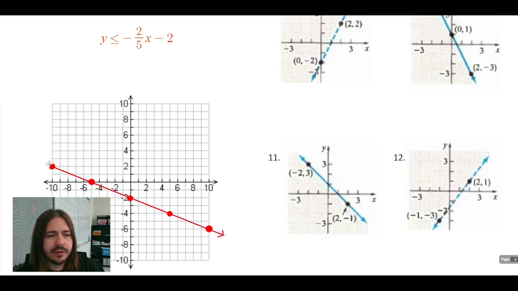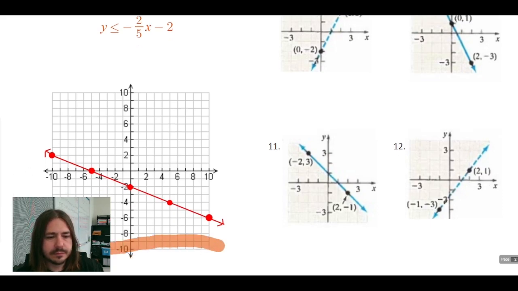So this one says that y is less than or equal to this expression. So we are going to shade down. All the points in this region and those on the line are solutions to the inequality.